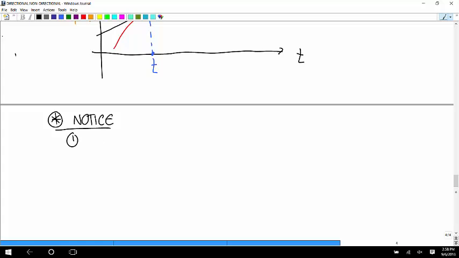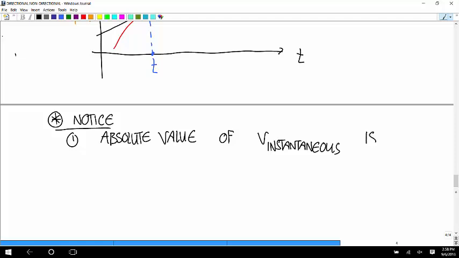The first one is that the absolute value of v instantaneous is the instantaneous speed.